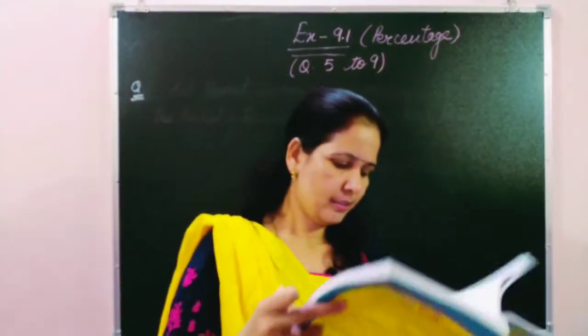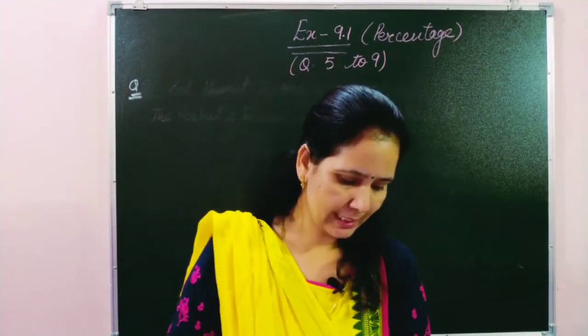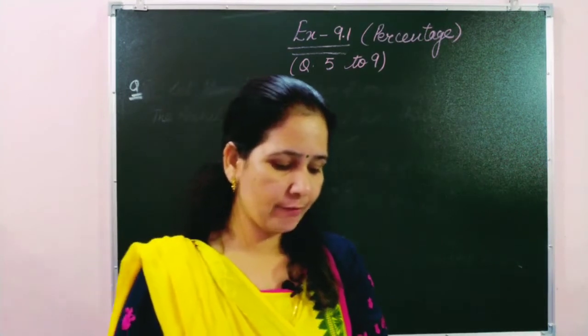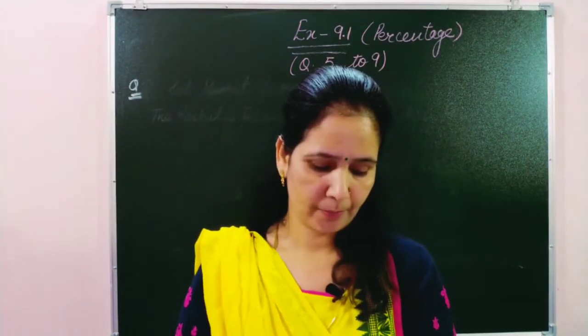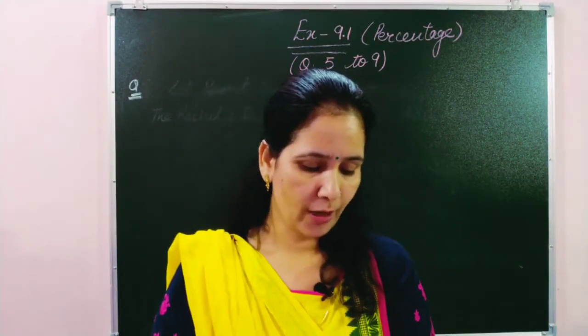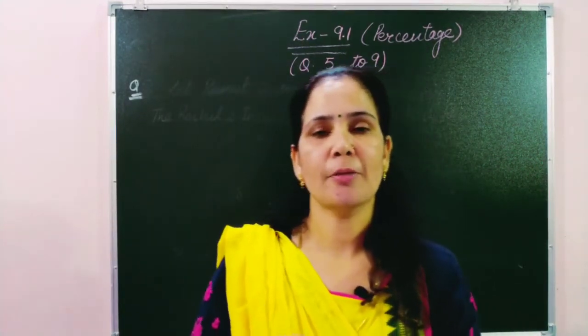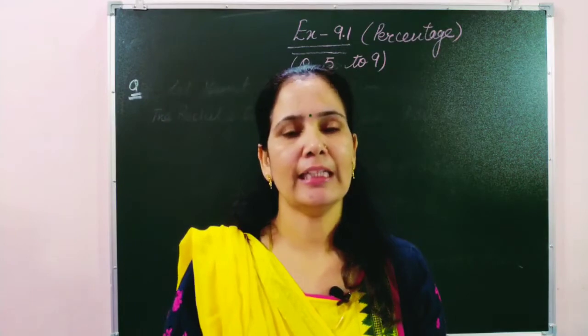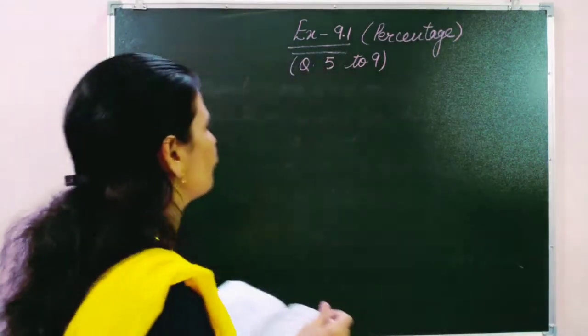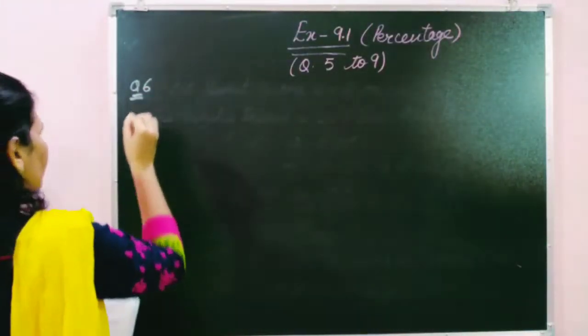Now question number 6. The value of a house decreases every year by 10%, and what is the value of the house after 2 years? They have given us the present value of the house and the percentage of decrease. So first of all we are going to write the key terms of the question.